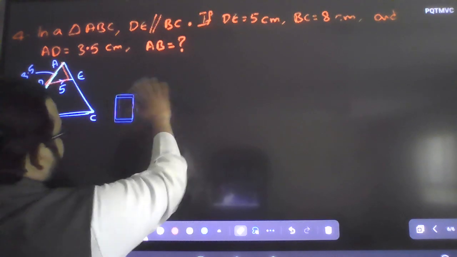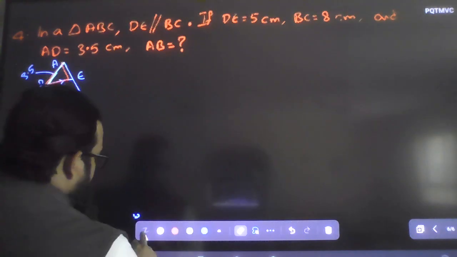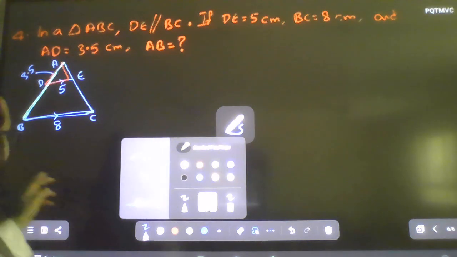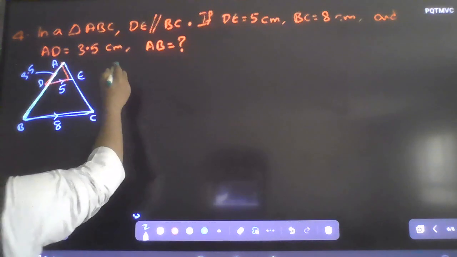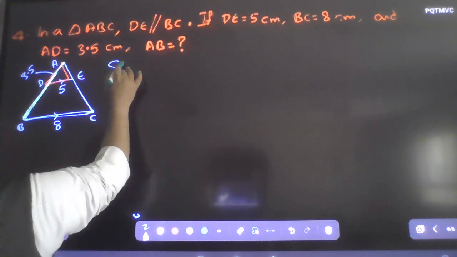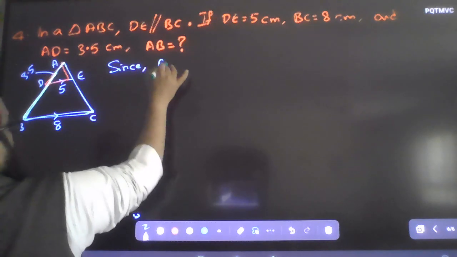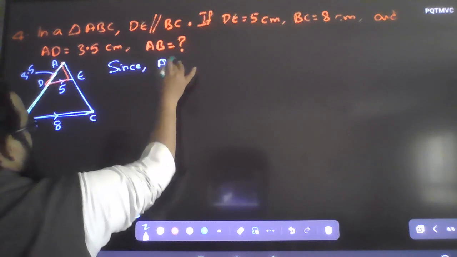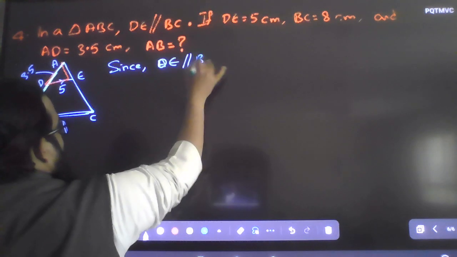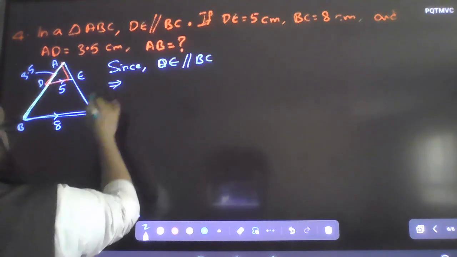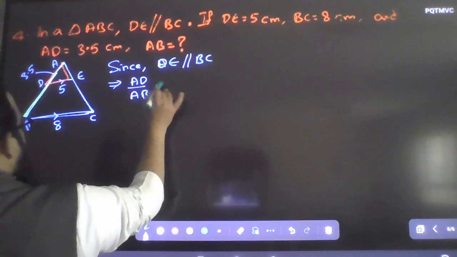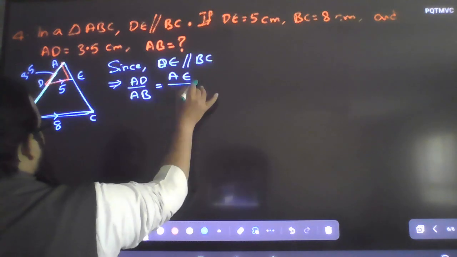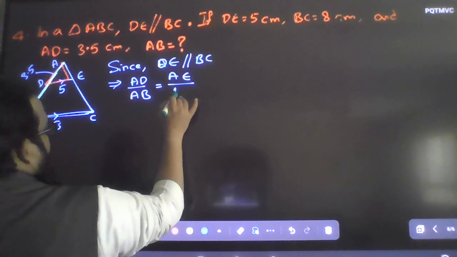Since it is for 1 mark or 2 marks, what we will be doing, we'll be stating: since DE is parallel to BC, AD by AB is equal to AE by AC.